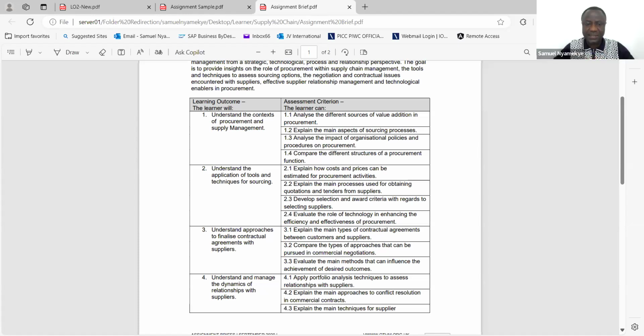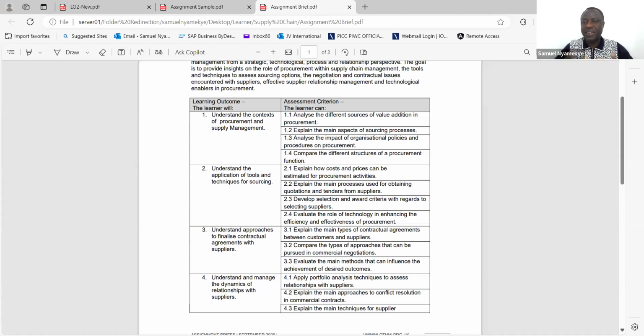Today we'll be looking at the tools. When we talk about the tools and the techniques for sourcing, here we'll be looking at costs and pricing. The whole thing that we've been trying to develop is how best we can make purchasing, which we said was transactional, more strategic, which is procurement, and how we can make it more useful to the company.